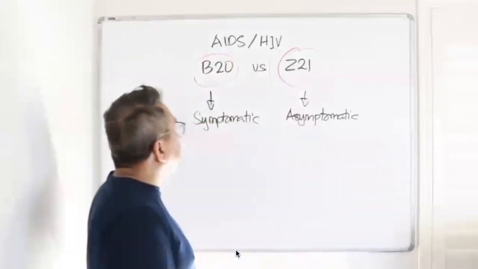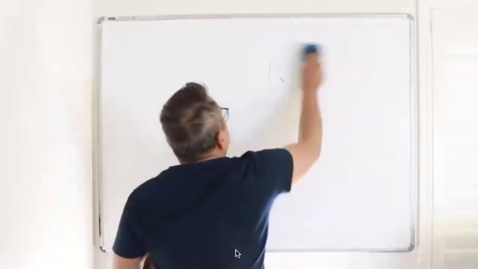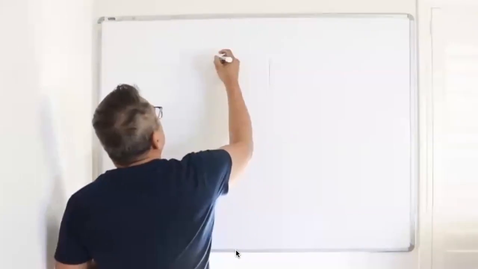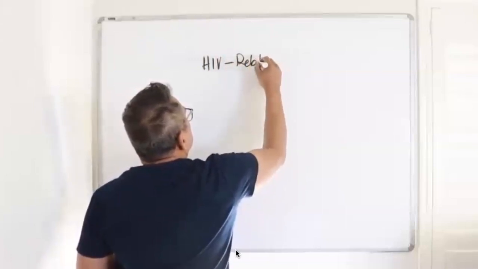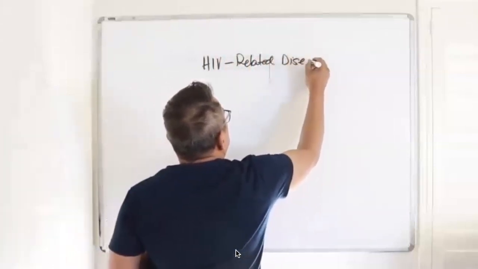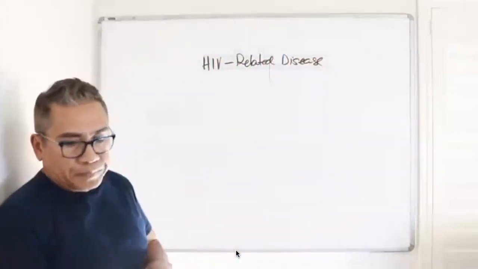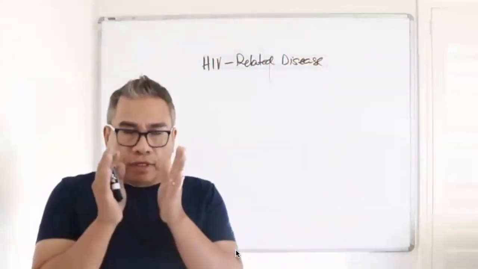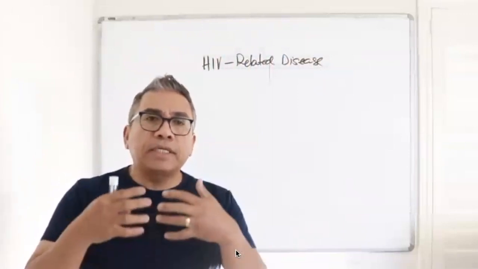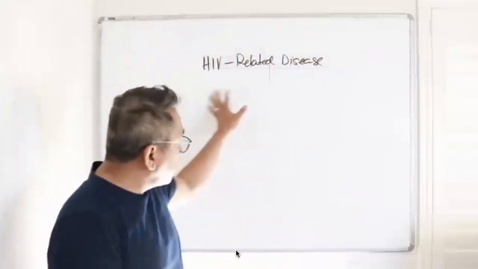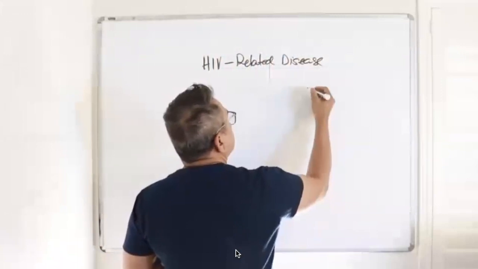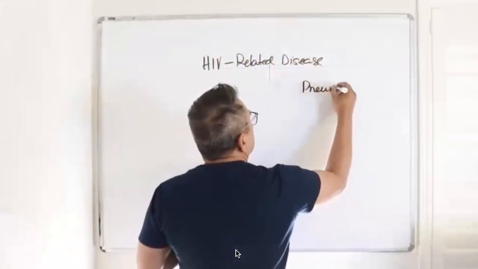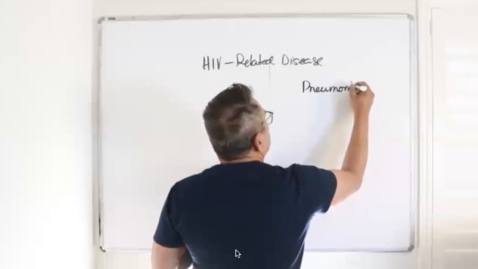Let me erase the board, guys. So here's a person who was admitted with an HIV-related disease. Now, the guidelines are very clear on this. What are those possible diseases, like I have enumerated earlier? Pneumonia, right? The patient may contract pneumonia. What else?